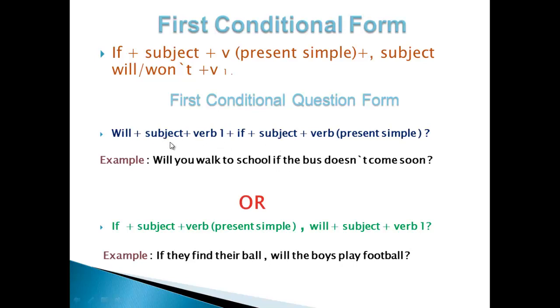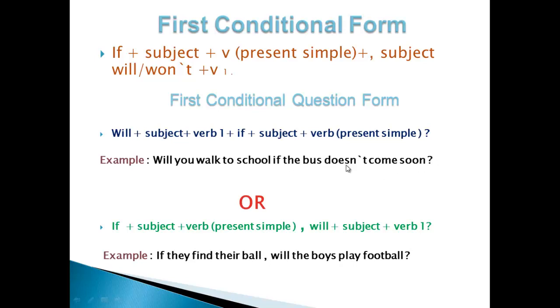Okay, this is the subject. So see the sample here. Will you, the subject, walk, the verb 1, to school if the bus doesn't come soon? And the question mark.